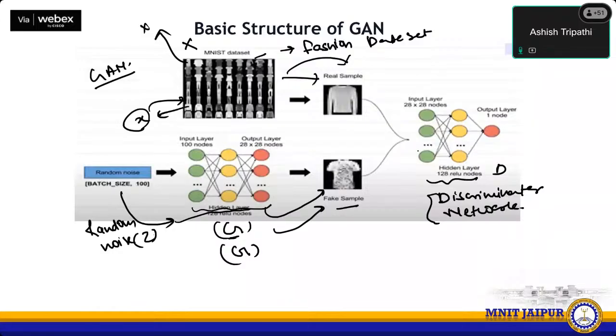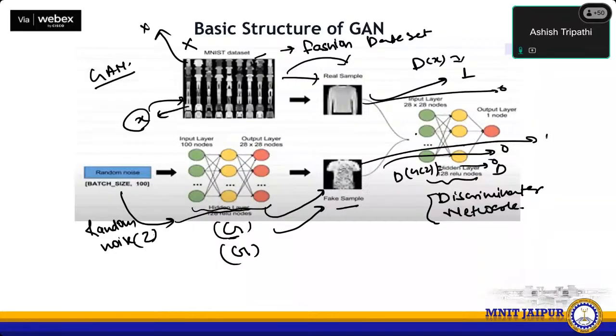And what is the task of the discriminator? It has to just discriminate. It has to produce 1 for the real sample and 0 for the generated one. Means the probability value of the output layer for the real sample should be 1, and for the generated image it should be 0. If the discriminator is able to do so, it is doing its job correctly. Otherwise, it needs further training. If the discriminator produces 0 for the real one or 1 for the fake one, it is not able to classify.